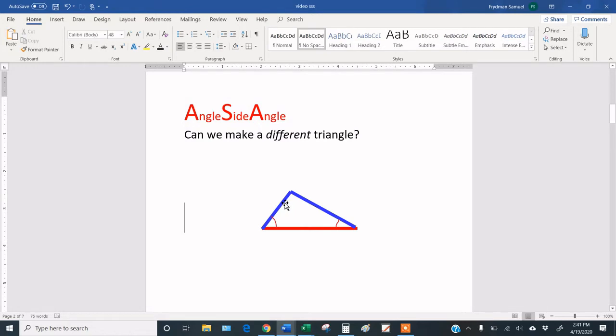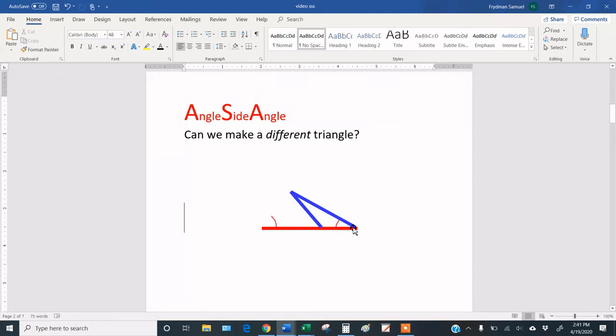What if I were to, well, let's see, there's no little angle curve inside this one. So I'm allowed to change this angle. So what if I were to take this and maybe rotate this around over to here? So now I have a triangle that goes from here to here to here to here.